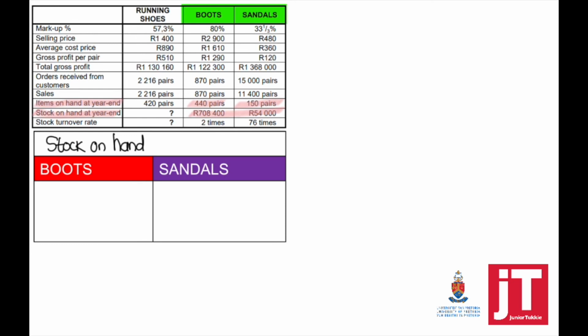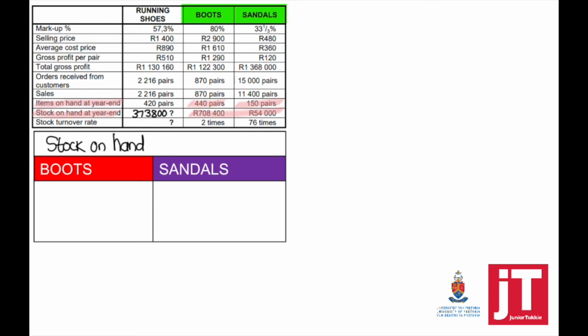Looking now at the stock on hand for boots and for sandals. If we look at items on hand, they've got 440 pairs left over compared to 150 pairs of sandals. The value of the closing stock for boots is much higher compared to sandals.